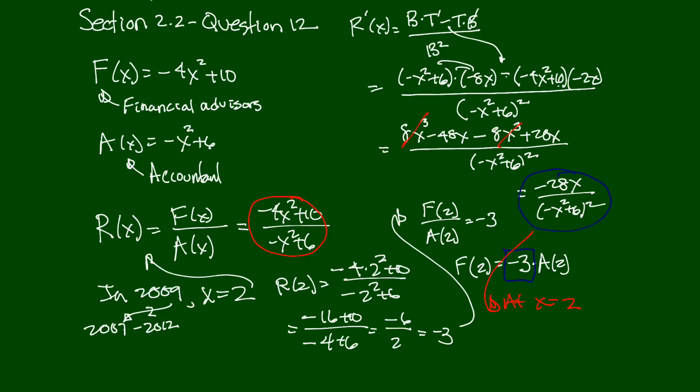R prime of 2 is negative 28 times 2 over quantity negative 2 squared plus 6 squared. When I computed that, I got negative 14. So I'm going to declare that as my answer. What it means is that if we go out one more year, from 2009 to 2010, the ratio will go down, because of the negative sign, by 14.